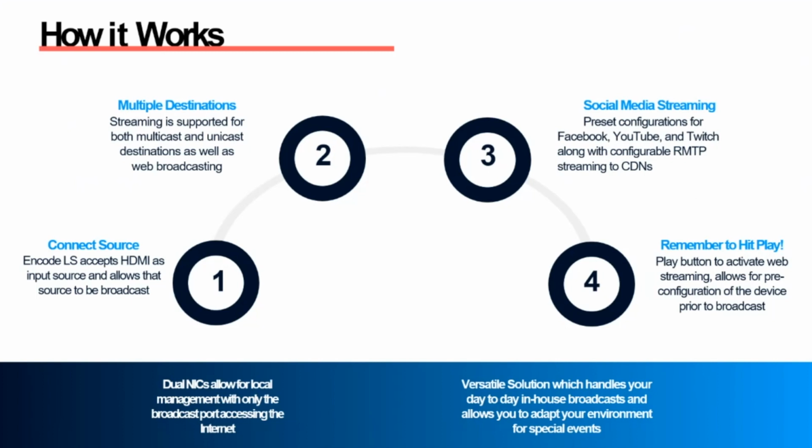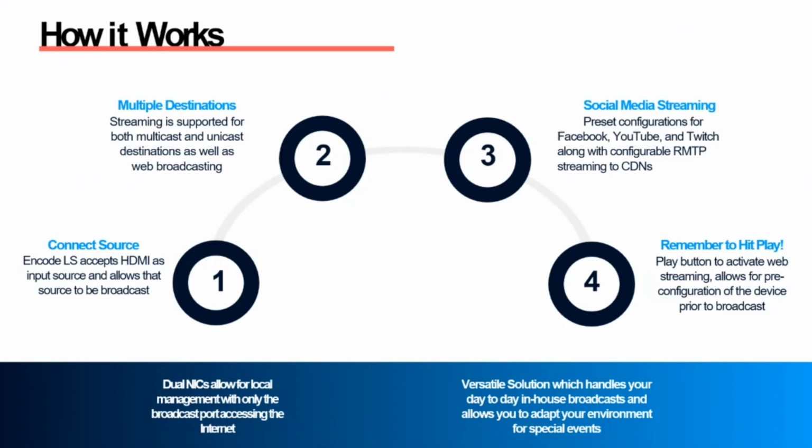So if I'm talking about cybersecurity or any sort of ports and protocols communication that I'm having with a network team, the only network port that you need to put on a VLAN that actually faces the public internet is the one that's going to stream out to YouTube, Facebook, those types of places. Your management NIC can stay completely secure, completely on your network, and can be on a totally separate VLAN or a totally separate segment of your network than the streaming NIC.